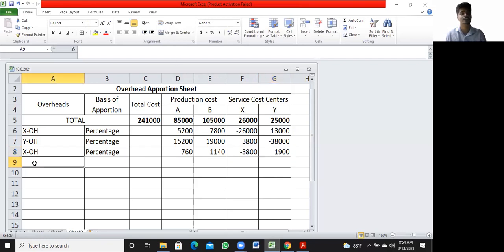Then again Y has collected, there is 1,900 cost collected in service cost center Y. Let's redistribute that again. We need to deduct 1,900 here.